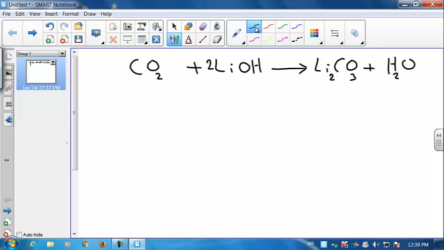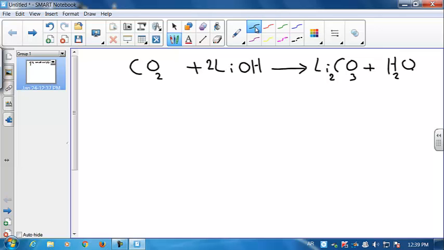What about the oxygen? You have 2 oxygen here and 2 oxygen here, so you have 4 oxygen in the reactant, and in the product you have 3 here and 1 here in the water, so you also have 4 oxygen. So now the equation is balanced. Step number one, balance the equation.